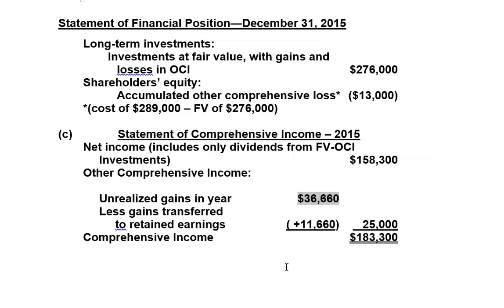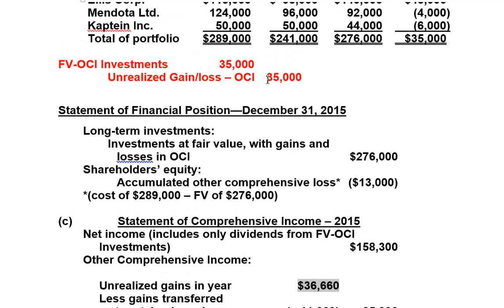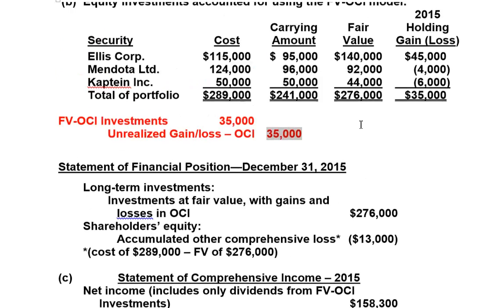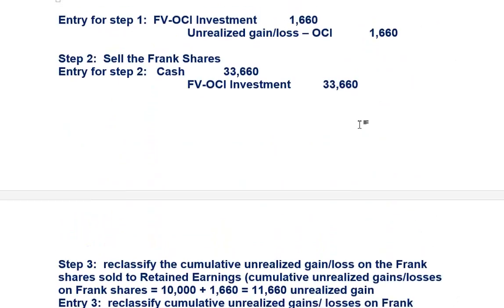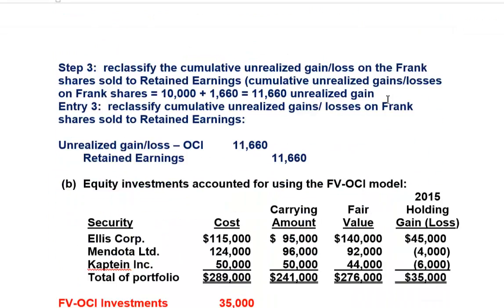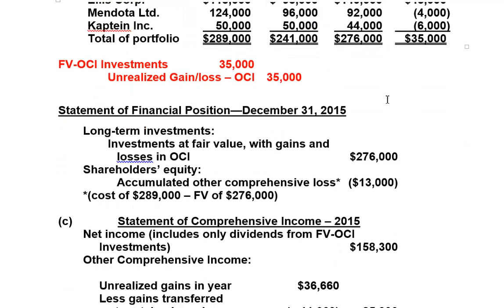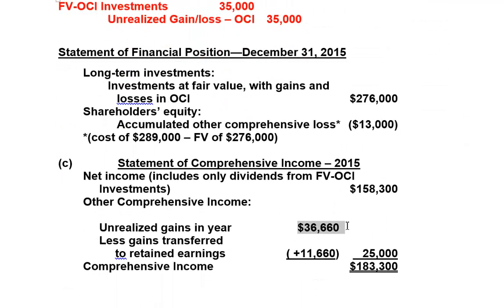Well, we know that here we booked in this year 35,000, right? And we also booked in step 1, in step 1, we also booked 1,660 into OCI. So in total, that tells me that I booked 36,660 into OCI.